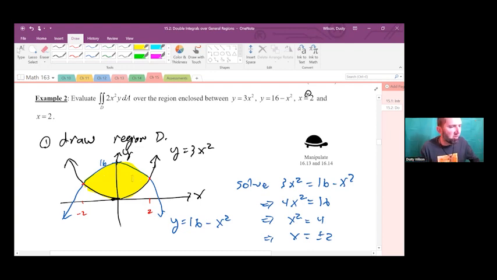So the next thing we want to do is set up an iterated integral. Before we set up an iterated integral, we've got to decide whether we want to integrate horizontally or vertically.